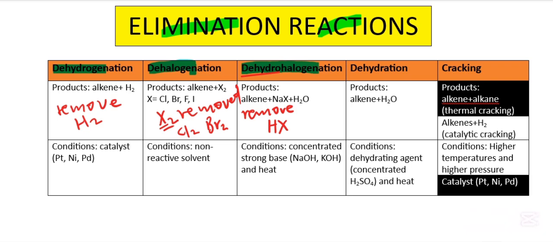Dehydro from hydrogen, then halogenation. So we remove the hydrogen and the halogen. And then dehydration. So dehydration is straightforward. We just remove water. Remove H2O, that is water.